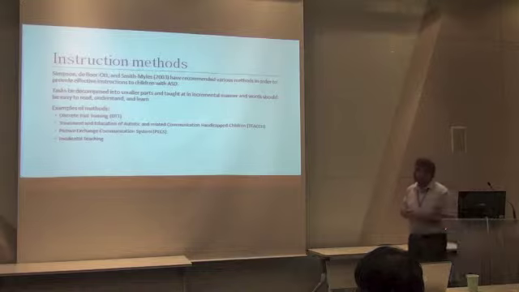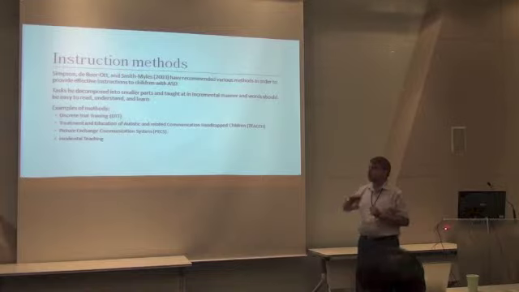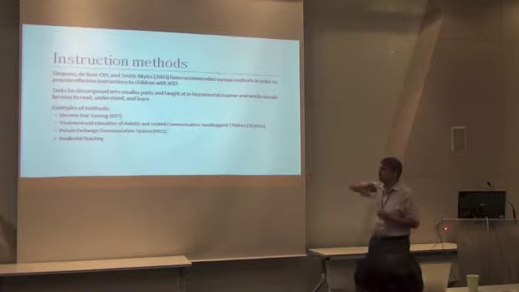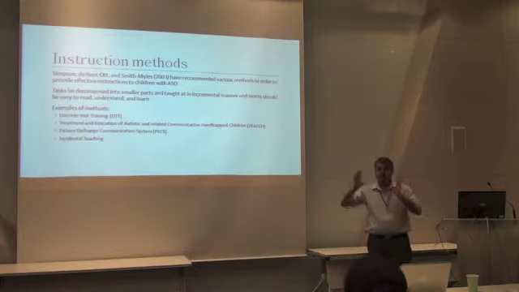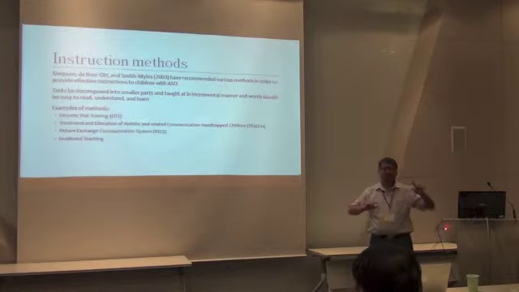So instruction method, as I was telling you, there are certain instruction methods which are specifically meant for the autism perspective. For instance, discrete trial timing, in which the activities are divided into different aspects, and for each activity the children are given a certain amount of time.